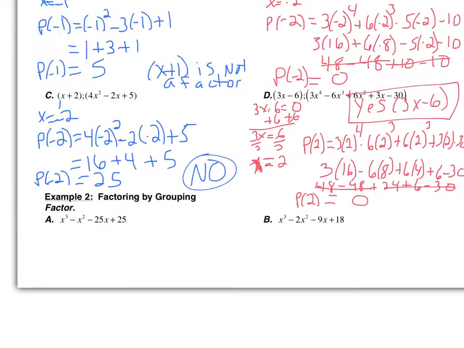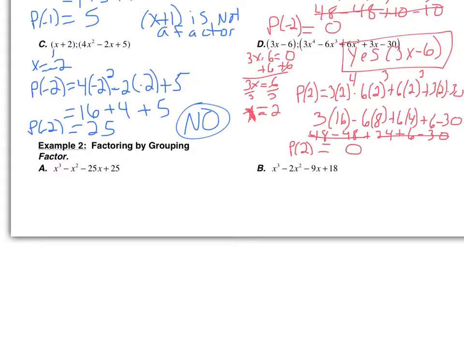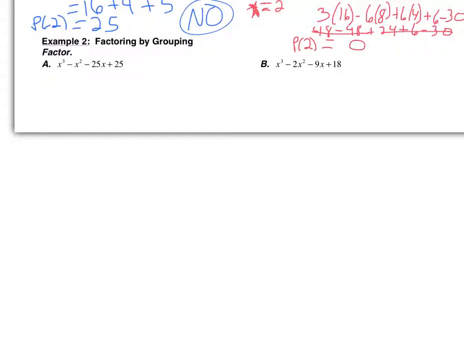Now we're going to look at factoring by grouping. We want to know what polynomials multiplied together make the given polynomial. So we're going to split it up. I'm going to rewrite it as x cubed minus x squared plus negative 25x plus 25.